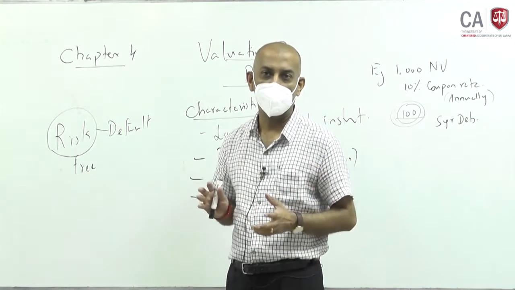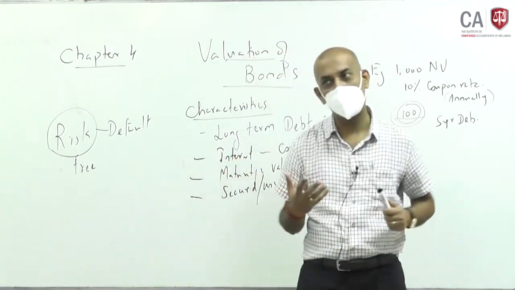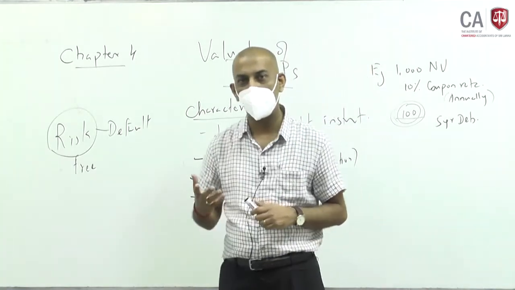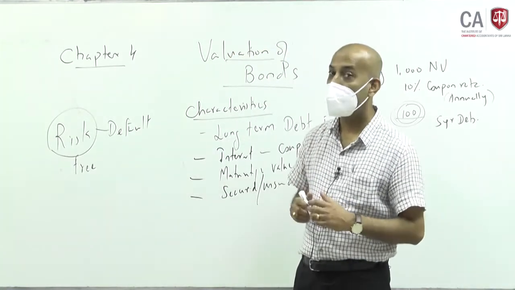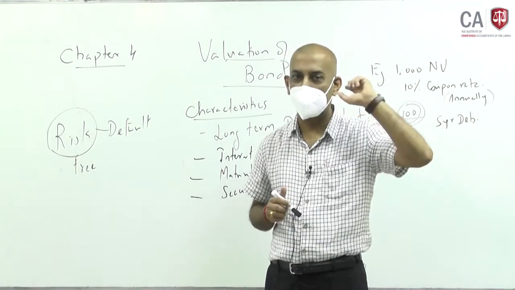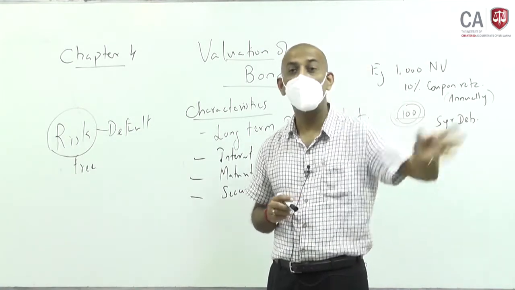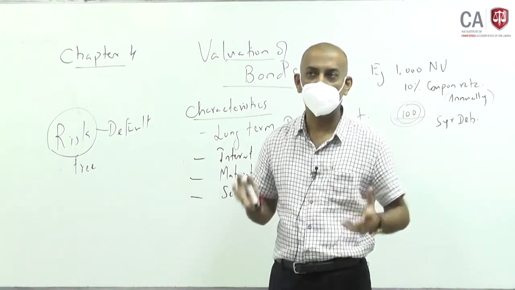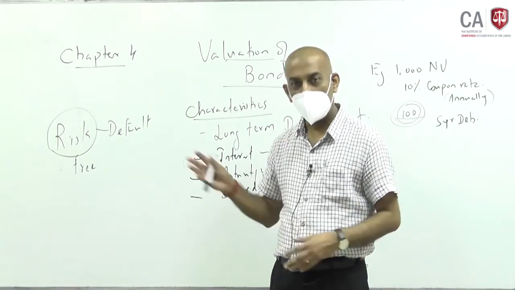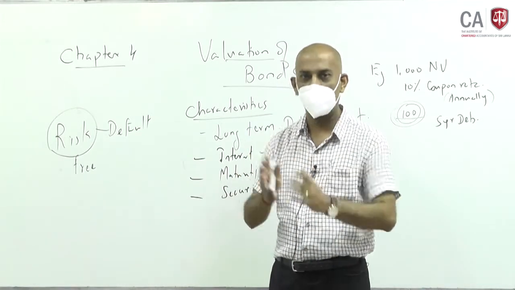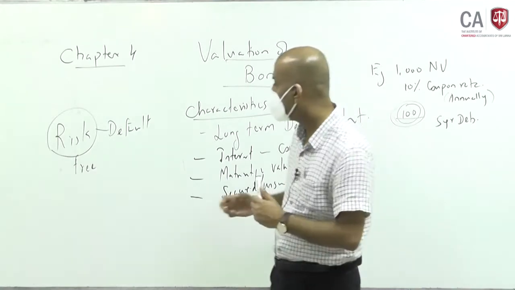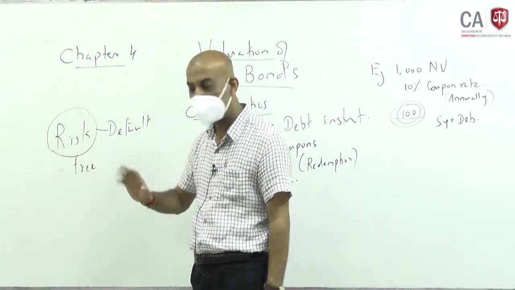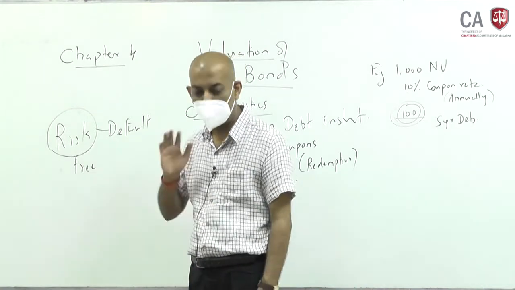But even in the corporate sector, we believe that the corporate sector are good, there are performing companies, all that fine, but there is always a percentage of risk you have to accept. Sometimes the company can go bust, that means they can become bankrupt. It may not be for sure, but it can happen. Government, don't worry about it, government will somehow make the payment. So therefore the government bonds or treasury bills, we call risk-free instruments, so there is no risk of default. So you don't have to worry about it.